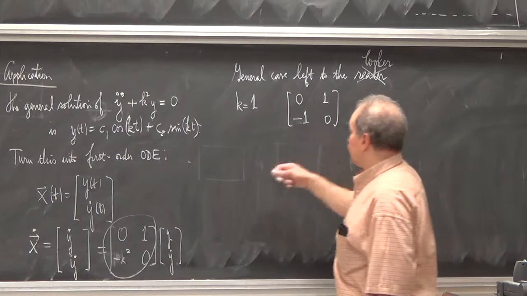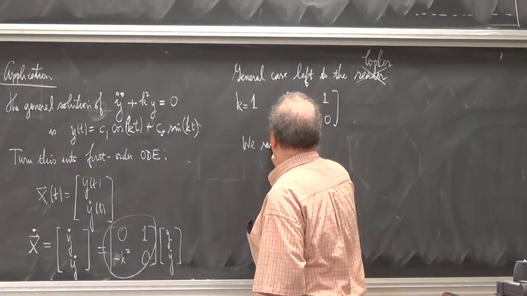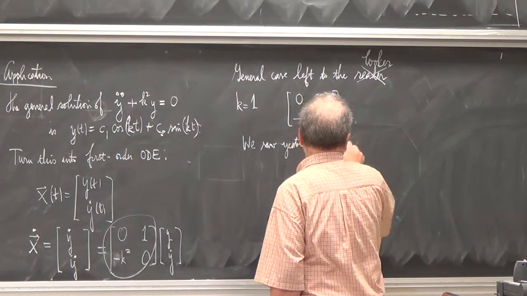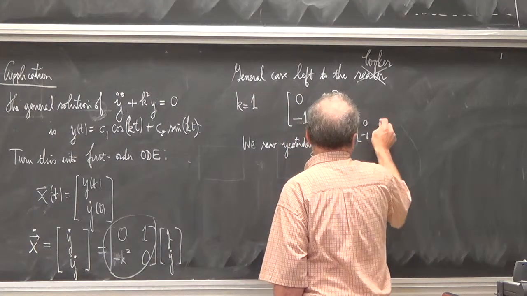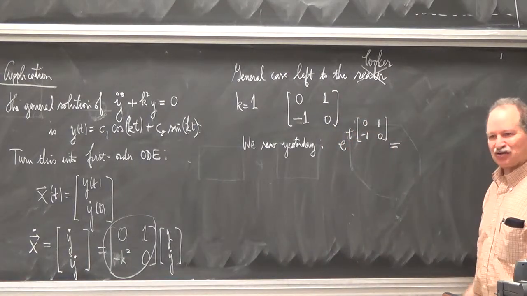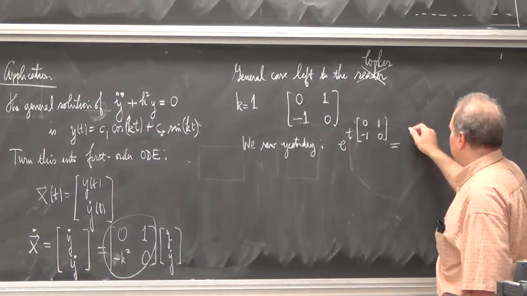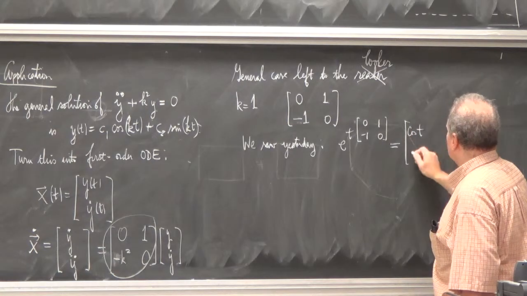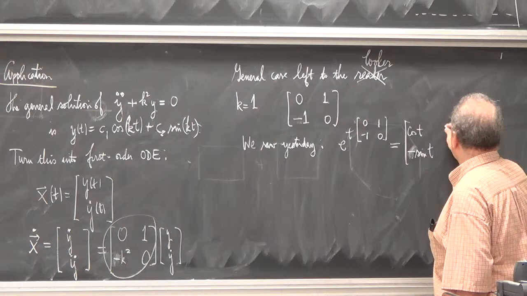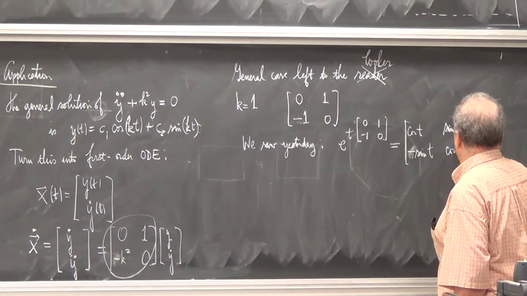So we saw yesterday that exponentiating this matrix gave us a rotation matrix through angle t, except now it's going to be the negative t. So you're going to have cosine t, negative sine t, sine t, cosine t.